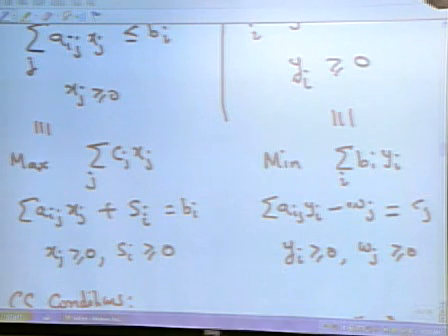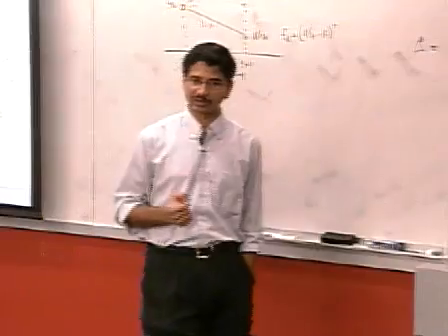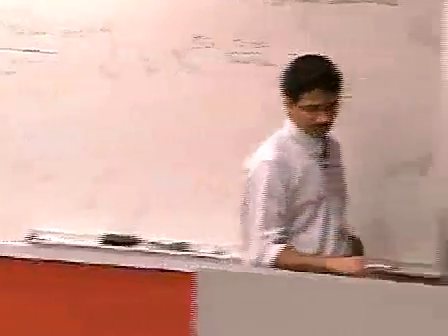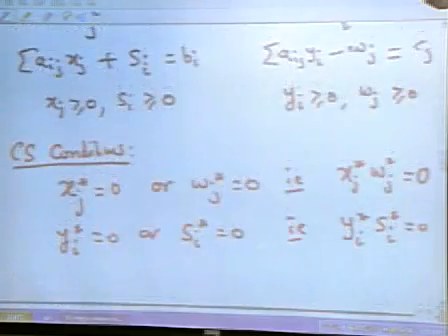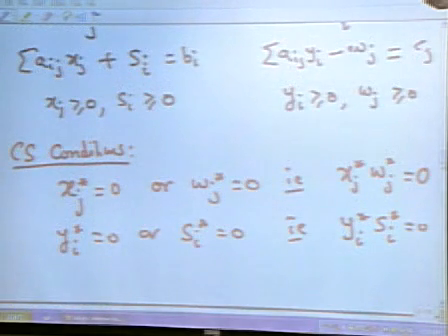So the interpretation of the complementary slackness conditions is that if xj is strictly positive, then wj has to be 0. Similarly, if yi is strictly positive, then si has to be 0. So it's just saying that the products of certain pairs of variables have to be 0.